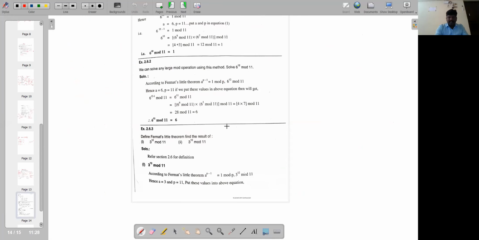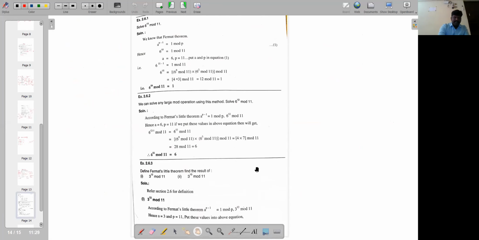Now I'll sum up a few more examples related to the previous equations, right? So if you get a problem to solve 6 power 10 mod 11, you can quickly solve it.